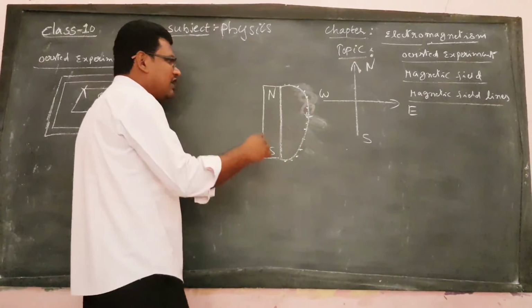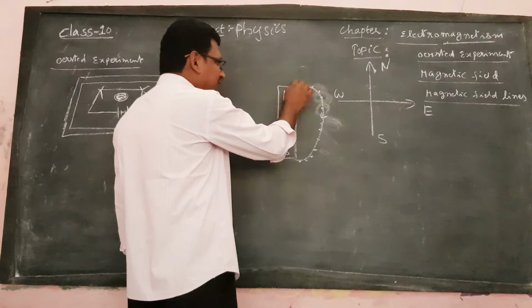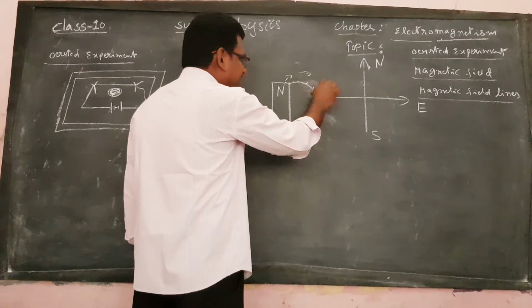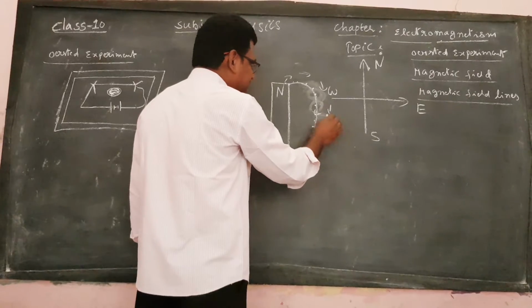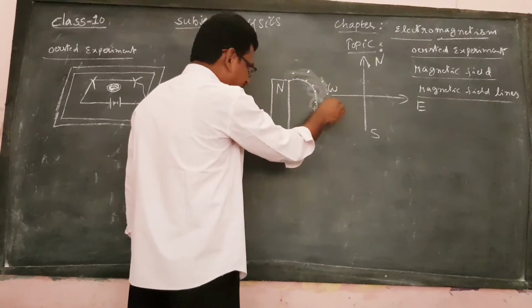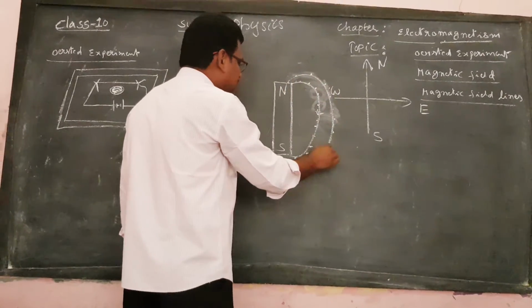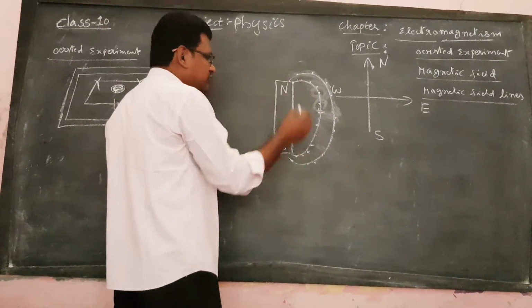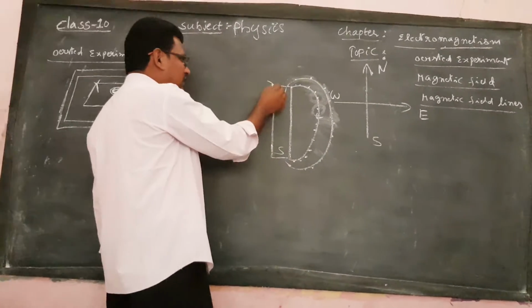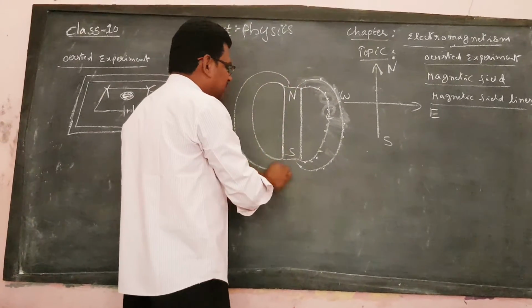Now take the compass box at another point, and at another point near the north pole, and again the magnetic needle shows different directions at different points. At those points, you put dots, and later you join all those points. So these are the magnetic field lines. In this way, you do the same in the other places also, and you get the shape of the magnetic field lines.